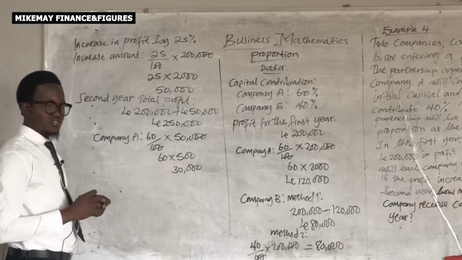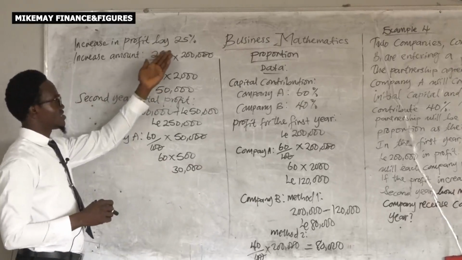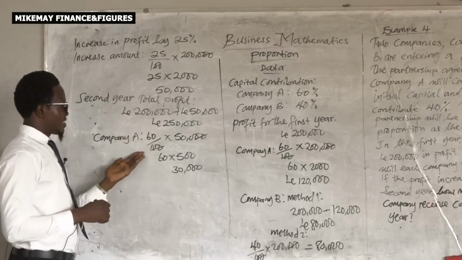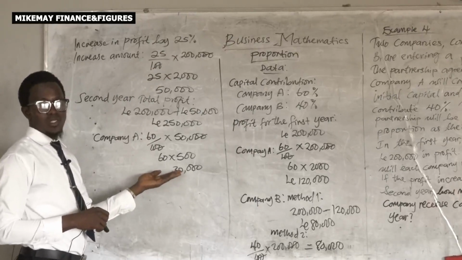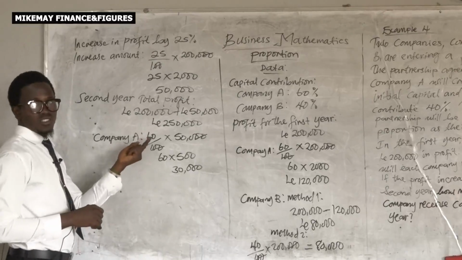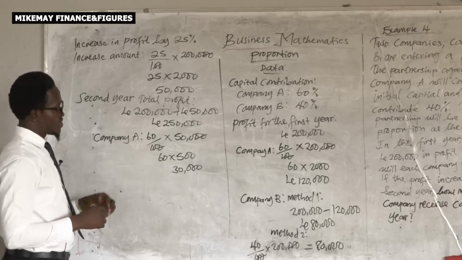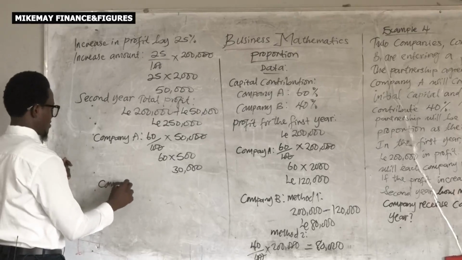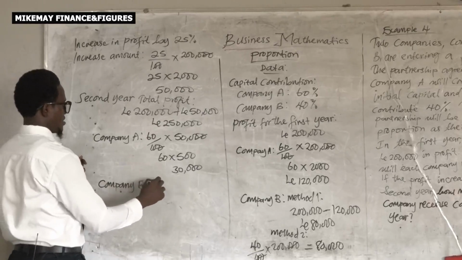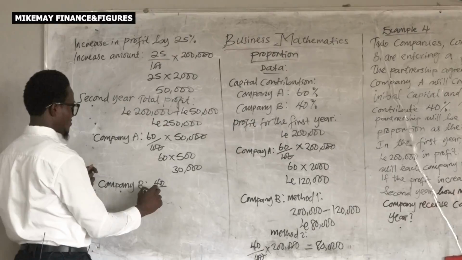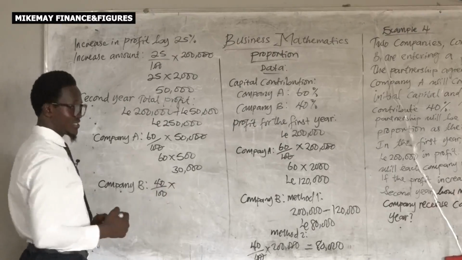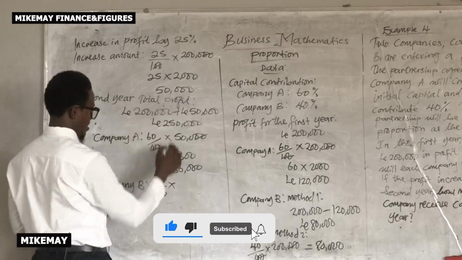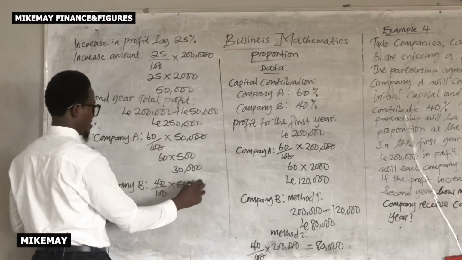Okay? In other words, out of this 50,000, that is the increment, or that is the increase in profit in second year, company A will get 30,000 leones based on its percentage, which is 60. So, company B, its percentage, I did tell you I'm using method 2 by expressing the percentage on the increased amount of 50,000.